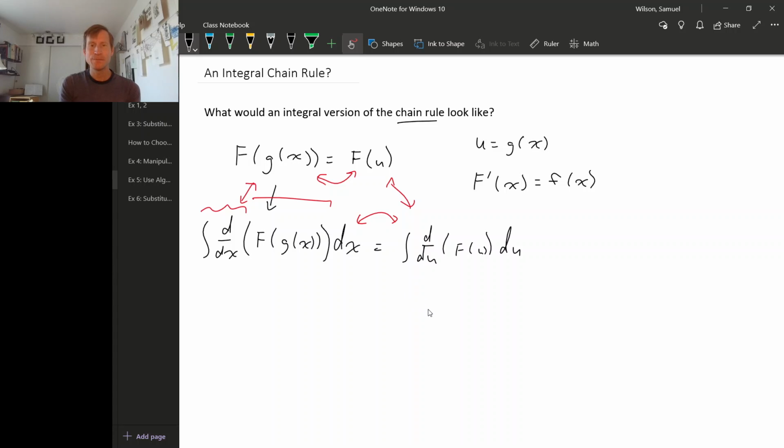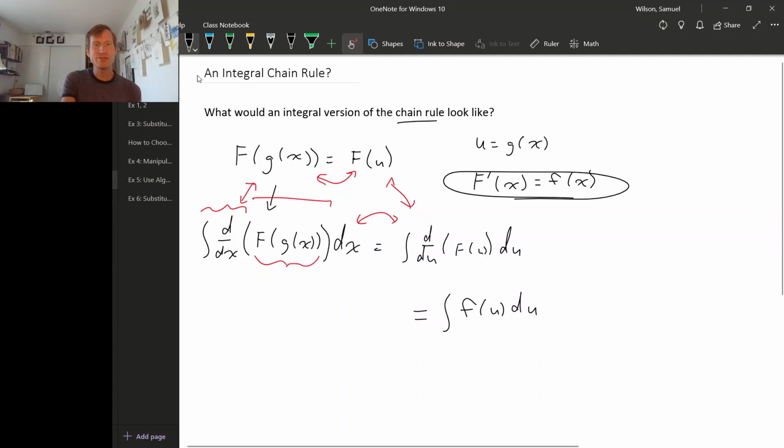Okay. But what we can do now is, inside each of these integrals, we can actually evaluate the derivatives. The right-hand side one is a little bit easier. So we have a function F of u, and we're taking its derivative with respect to u, but that's exactly what this is. The derivative of capital F is just little f. All right. Now on the left-hand side, we're taking the derivative with respect to x of a composition.